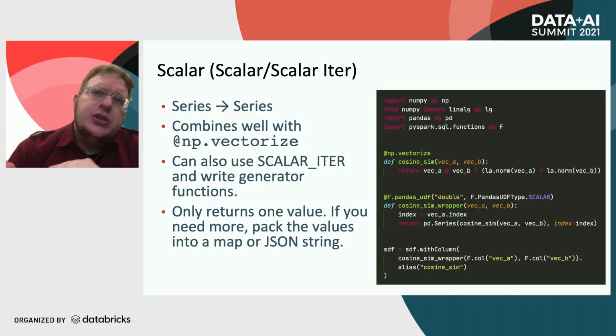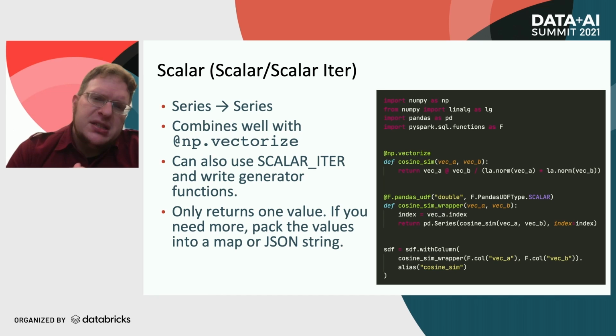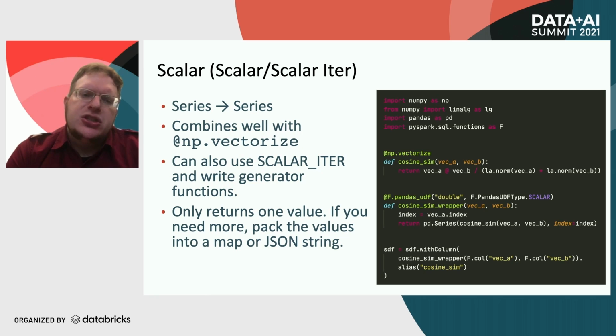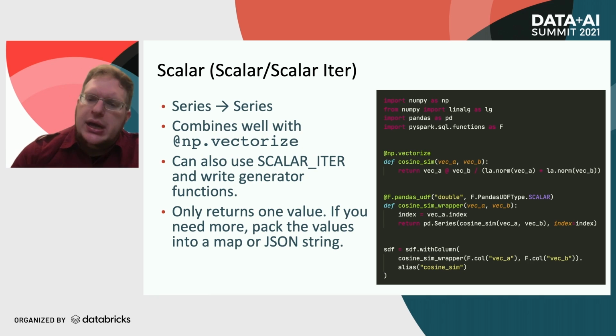If you have to return multiple values, you are either going to have multiple UDFs for each column of data that you want, or you can return a more complex data type, either a dictionary, which turns into a map, or you can pack all of your values into a JSON string and unpack your values later down the line.